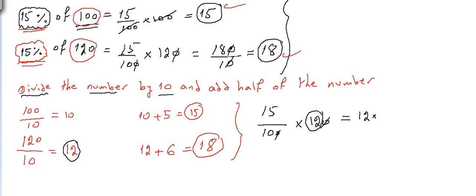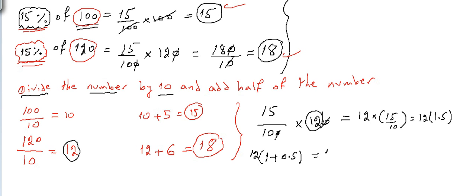If we simplify 15 over 10, we end up with 12 times 1.5. So we are multiplying 12 by 1, then multiplying 12 by 0.5.